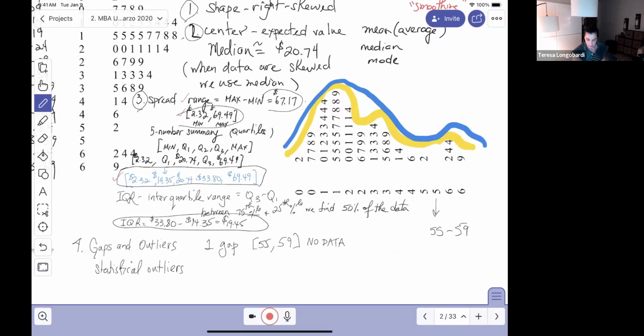Statistical outliers are found where they fall outside of the general pattern of the data.